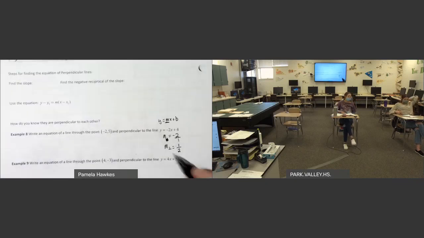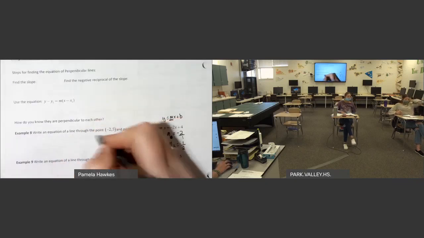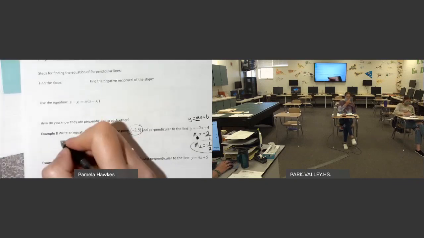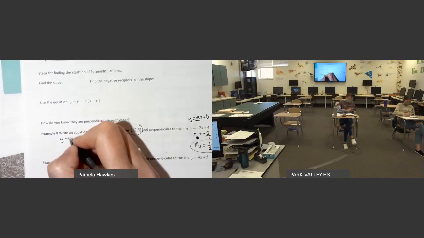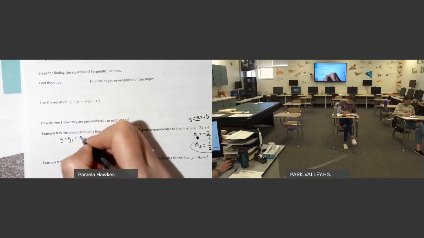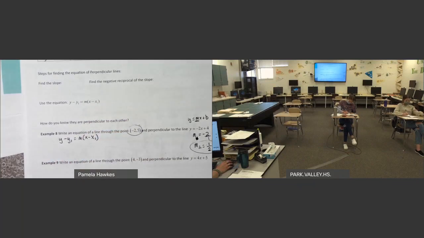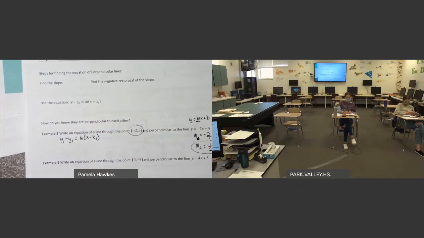So I'm going to use this 1/2, and I'm going to use this point, and I'm going to write the equation of the line, and remember we use this equation, y minus y1 equals m times x minus x1. Tyler, pick a number. 15. Kayla. Here we go.